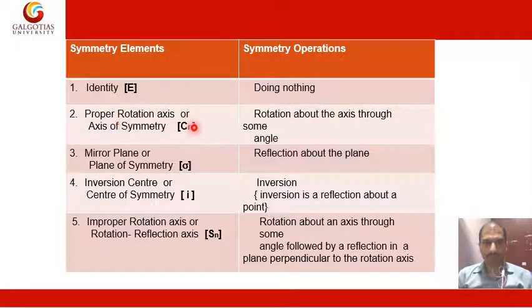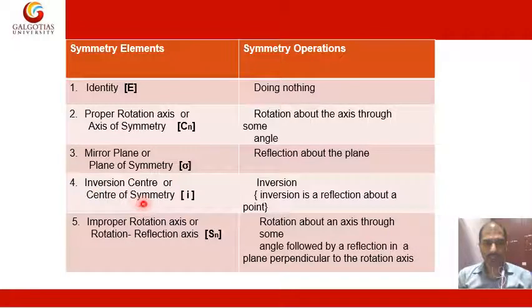Proper rotation axis, or axis of symmetry, has a certain angle of rotation, such as 90 degrees, 60 degrees or 180 degrees. Accordingly, n is the total rotation: C2 means 180 degrees, and C4 means a 90-degree rotation of the atoms of the molecule. Similarly, a mirror plane of symmetry is reflection about a plane.